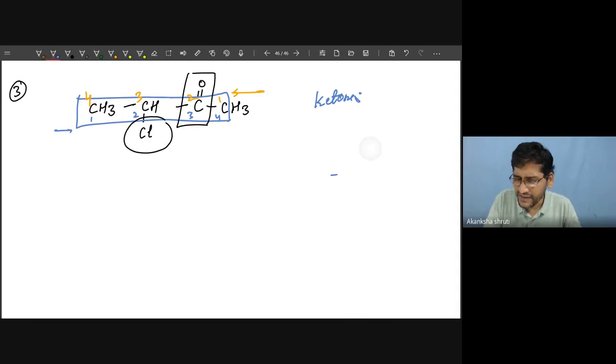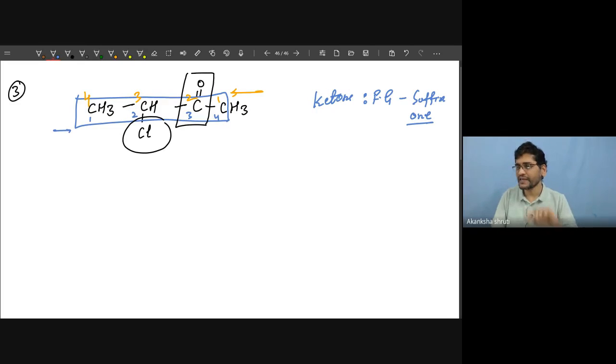This ketone is the functional group, and this functional group in nomenclature is a suffix. Which suffix? ONE, after dropping the E of alkane.